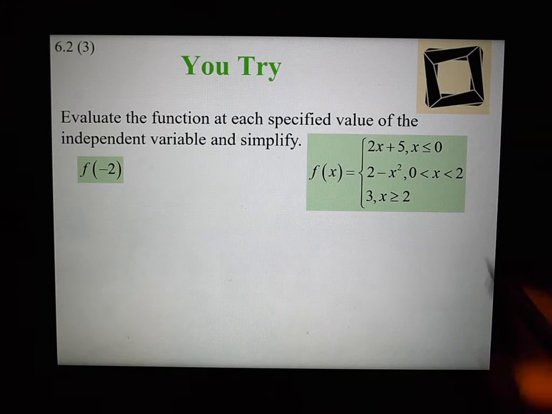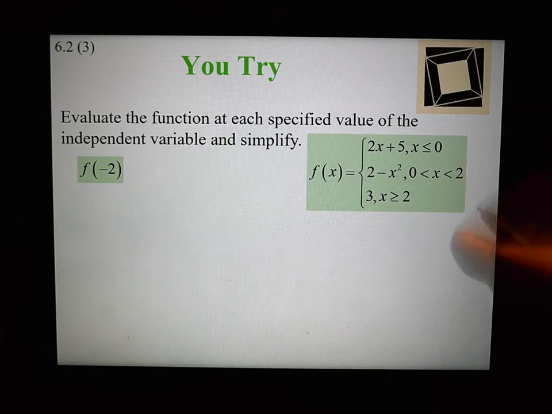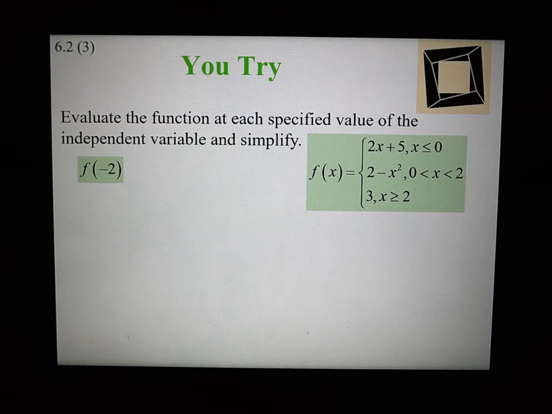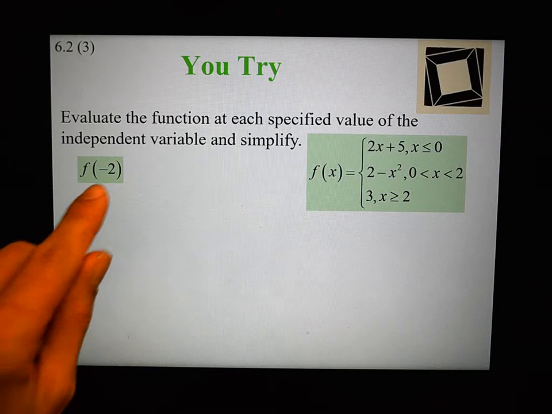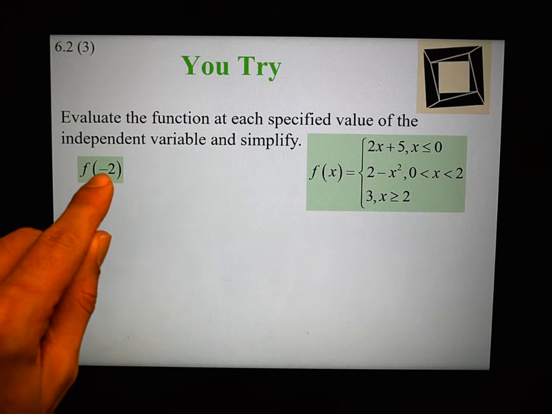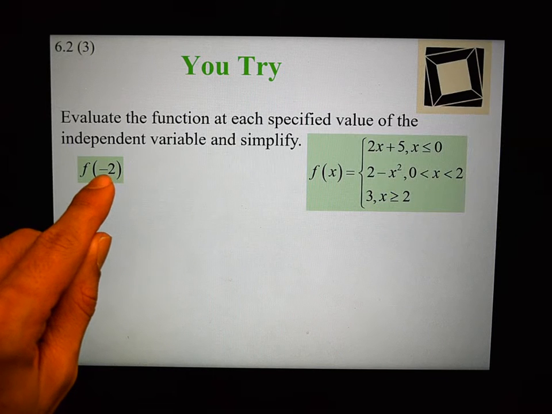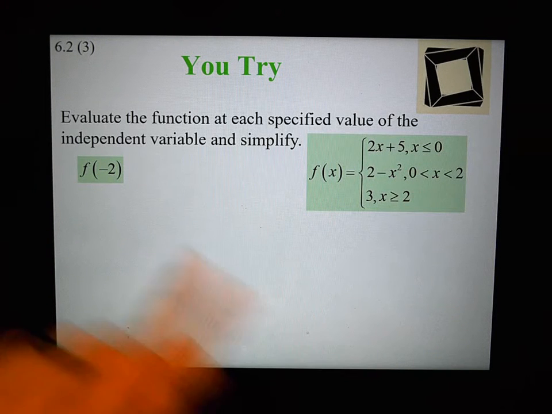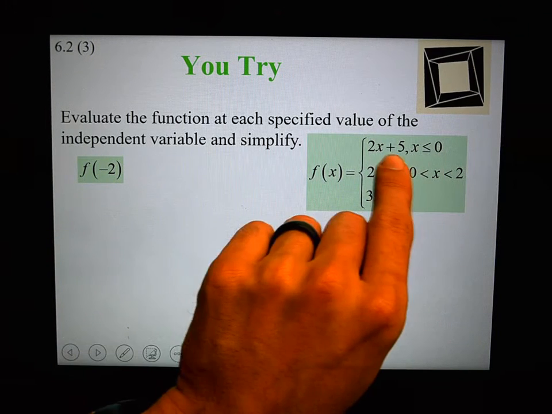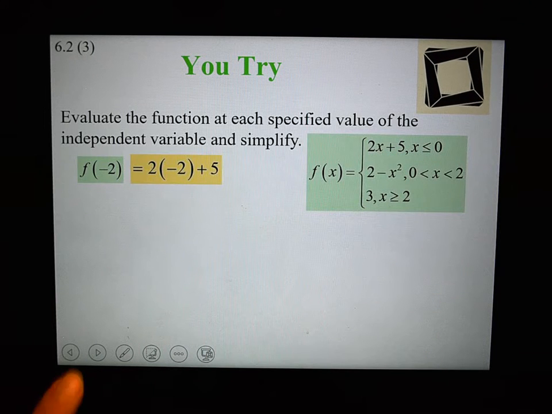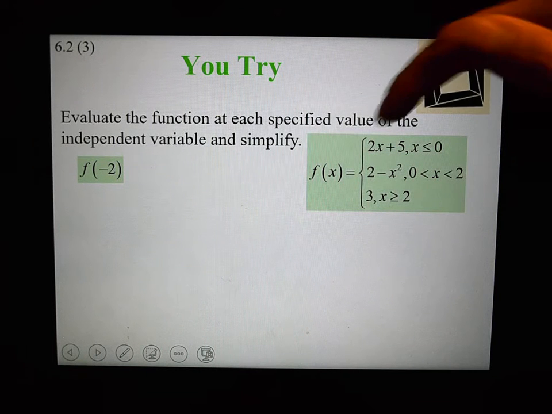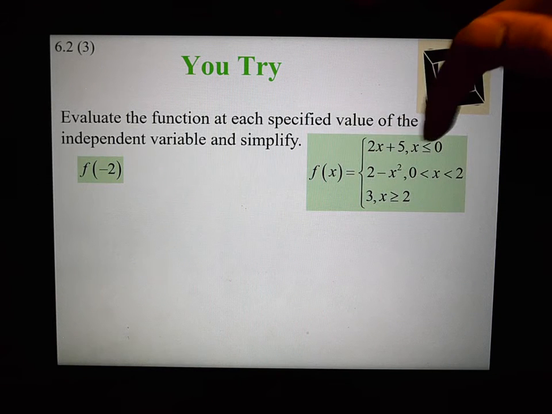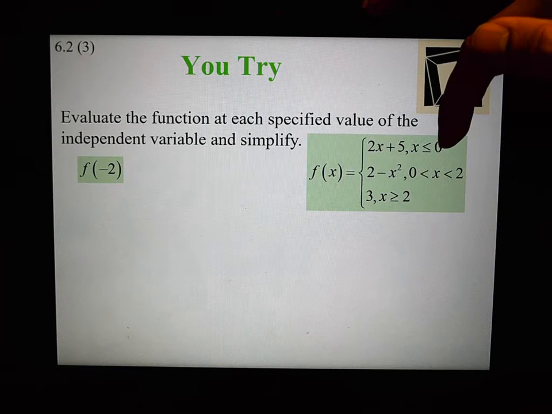Normally, I would let you work with each other, but because I'm not there, what I want you to do is think about -2. That's what your input is. So there's not every single place here that you can plug it in. For example, you only use this piece right here for x is less than or equal to 0.